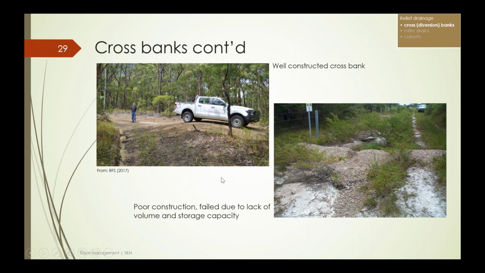You really do need to put some thought into ensuring that the water coming off the road will spread out and isn't going directly into a drainage line or a depression and doesn't have the chance to spread out. So that's one area where you can have a big effect on how effective the erosion and sediment control is.